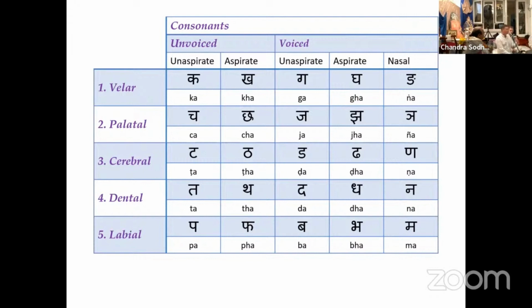So if you can just repeat after me: ka, kha, ga, gha, nga. So the root of the tongue is pressing the soft palate when we are uttering these sounds. And with dot on top, this is the nasalized pair for the velar group.